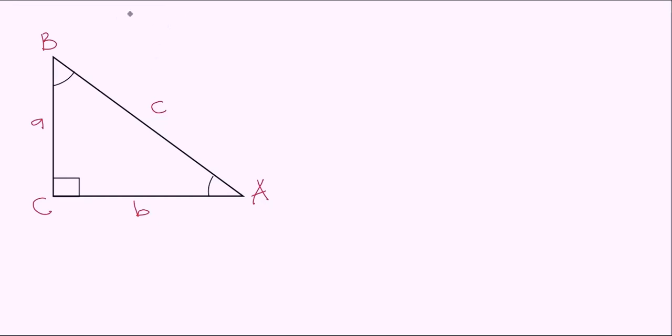We need to know the hypotenuse, the adjacent, and the opposite. So the hypotenuse is the side measured C, which is here.